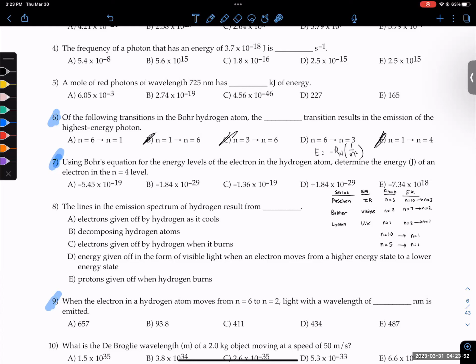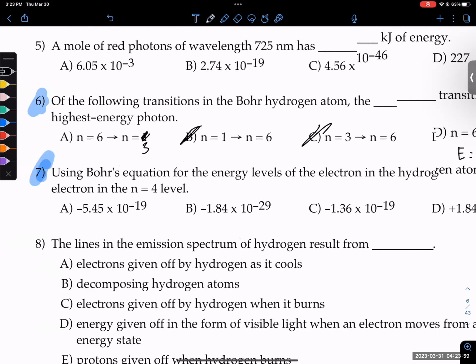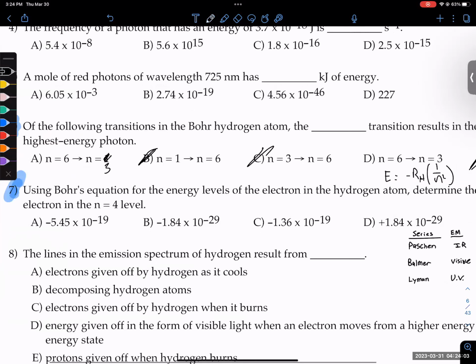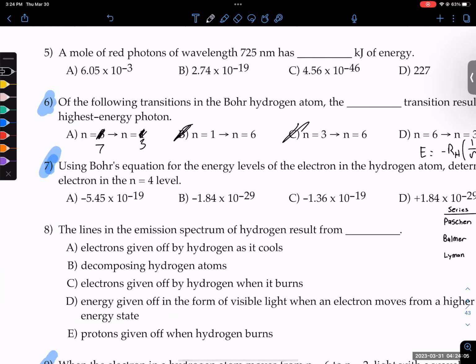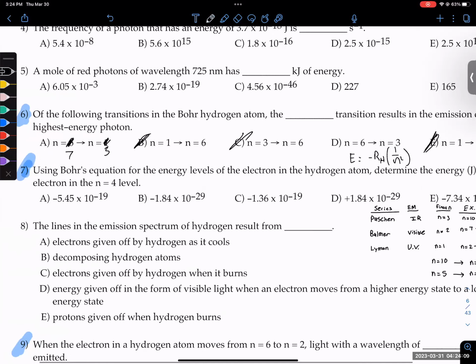So if for A, instead of 1, this was 3, that would be the exact same transition. Let's say that was 7. So if it was 7 to 3 and 6 to 3, then we would compare the distances they traveled.